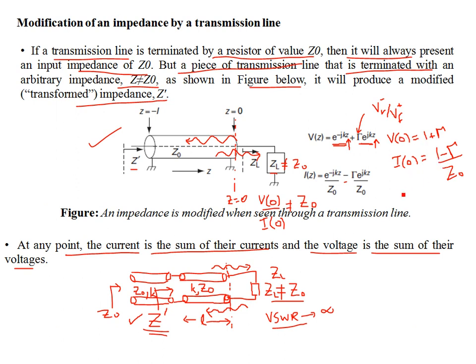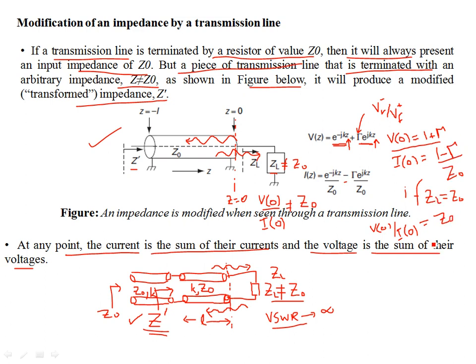So if you divide these two equations, and if ZL was equal to Z naught, there is no reflected component, and V of 0 over I of 0 comes out equal to Z naught, because gamma is 0.